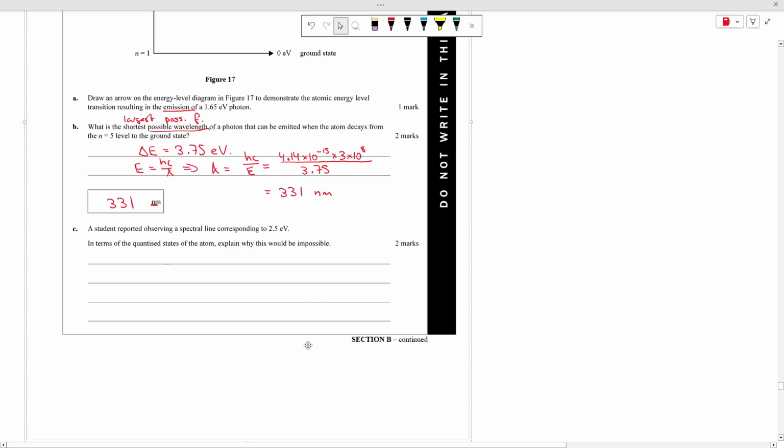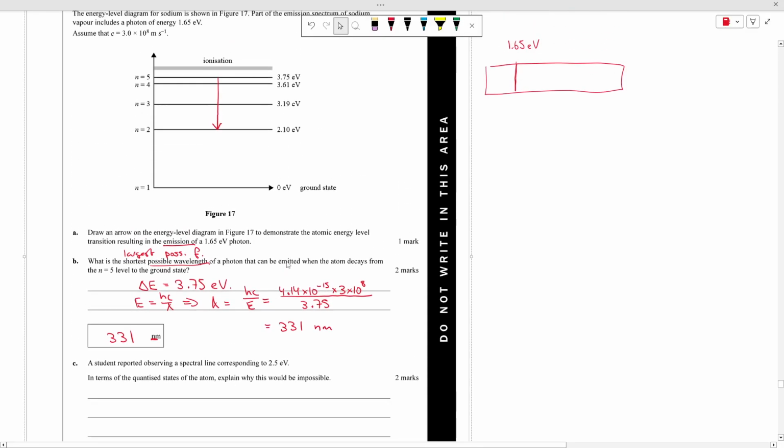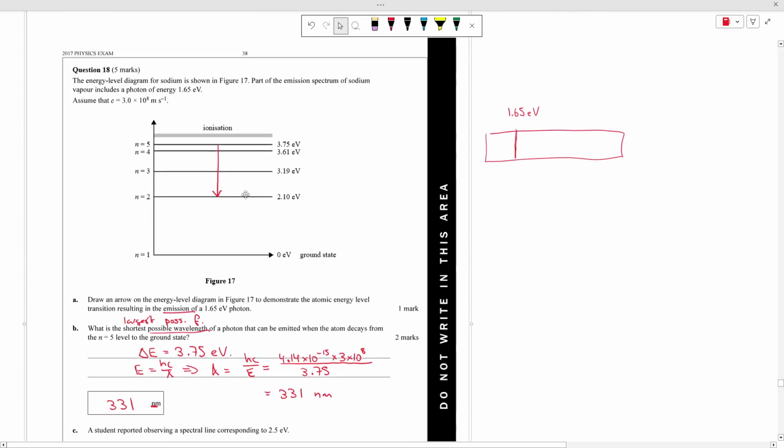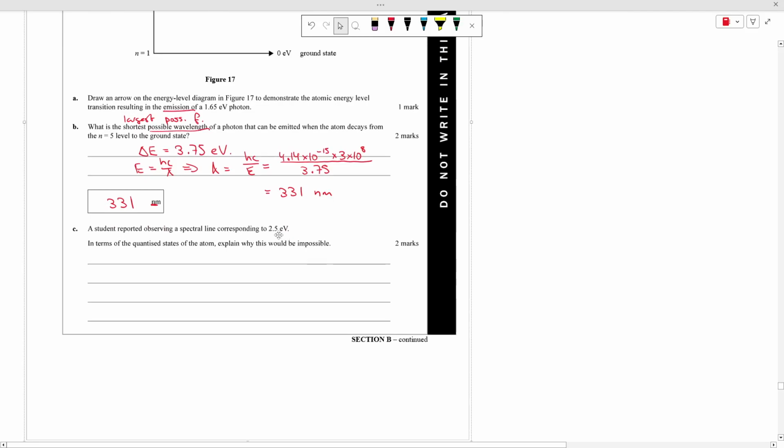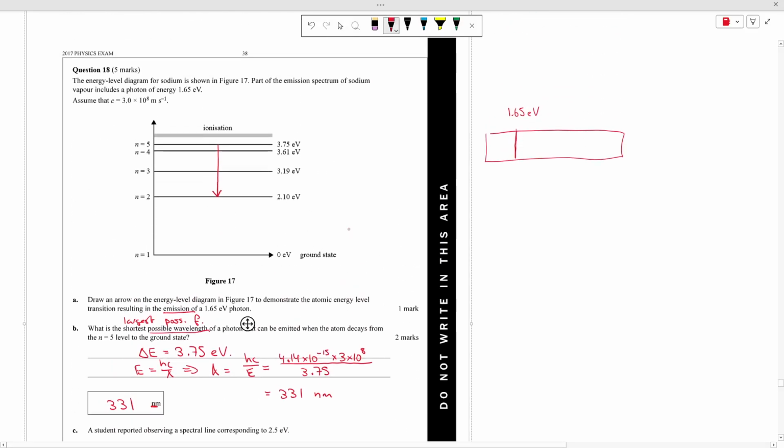All right, well, can you see a spectral line of 2.5? That would only happen if there was an energy jump between any two energy levels that corresponded to a difference of 2.5 electron volts. Now, none of these energy levels, any pair of them, have a difference of 2.5.